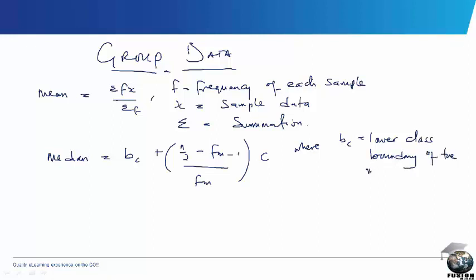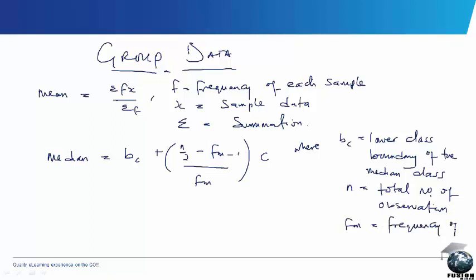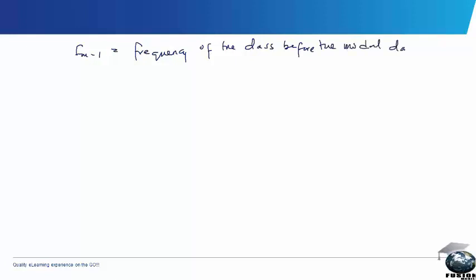And n is equal to the total number of observations, and fm is equal to the frequency of the median class. And fm minus 1 denotes the frequency of the class before the median class.